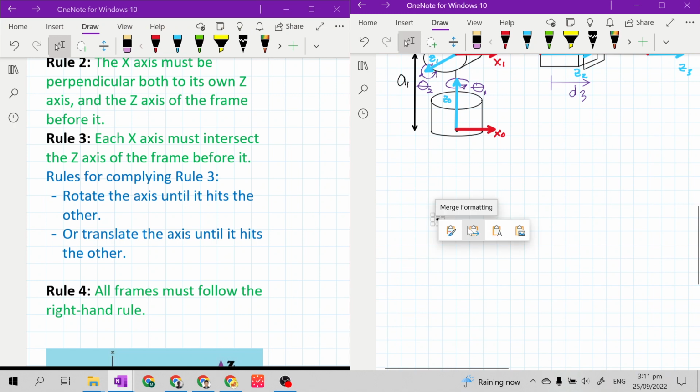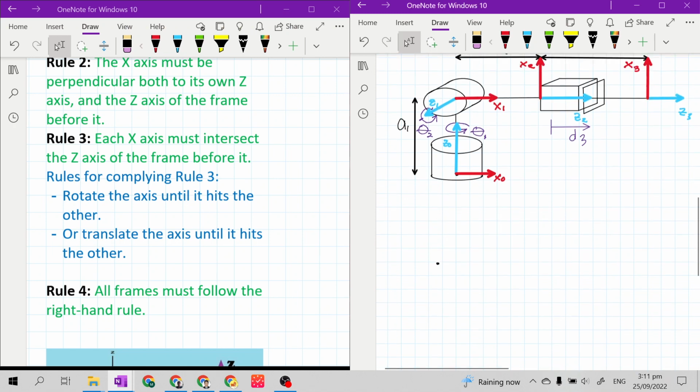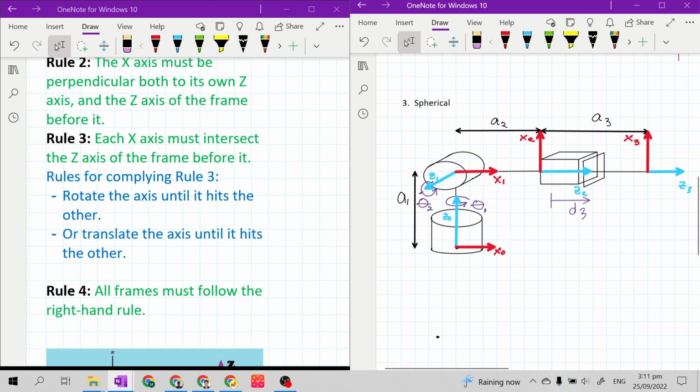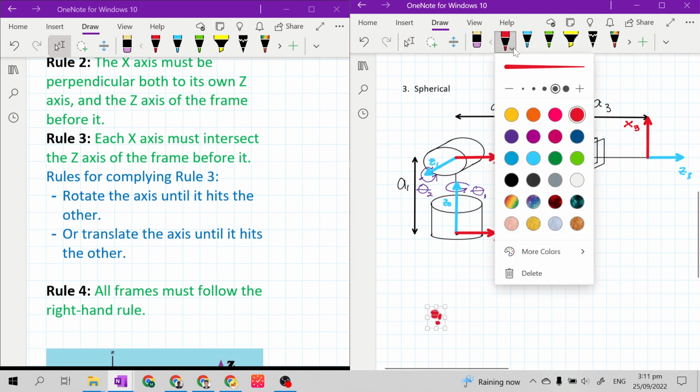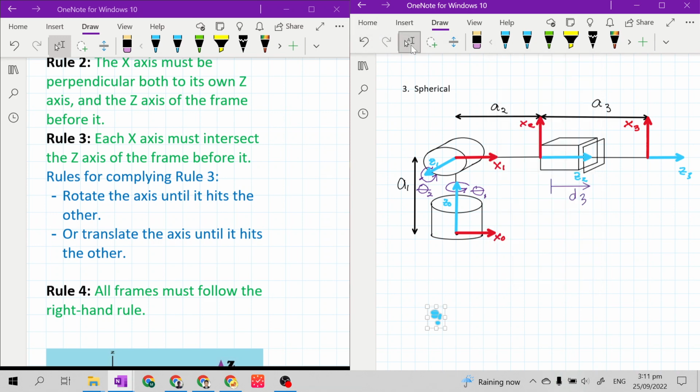Let's say this point is z sub 1 at front view. At front view, this is also x sub 2. X sub 2 is pointing upward.